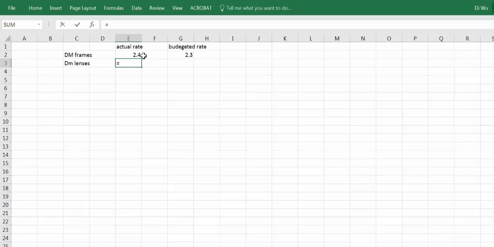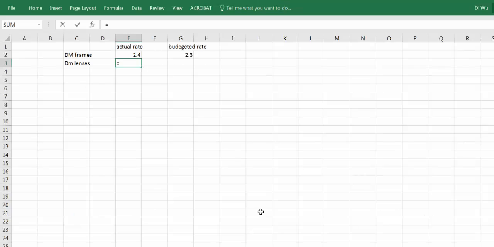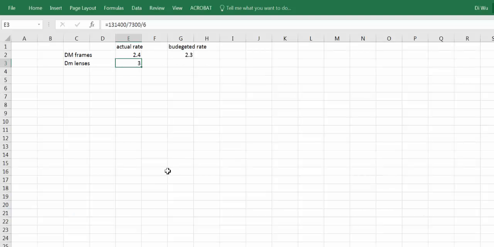So first the actual one is 131,400, then divided by 7,300, then divided by 6. Yeah, it's right here, 6. So check this carefully. Then you get a 3.